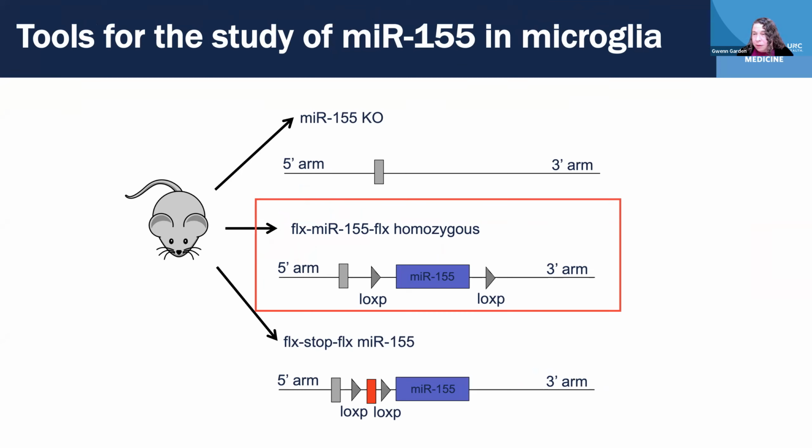So we created a mouse where we inserted these LOXP sites around the miR-155 gene, and then we could use that mouse line to remove miR-155, and we could use cell type specific CRE mice to specifically remove miR-155 only from microglia.